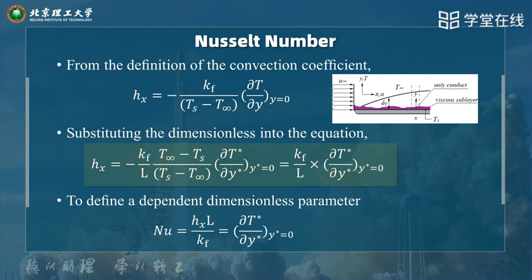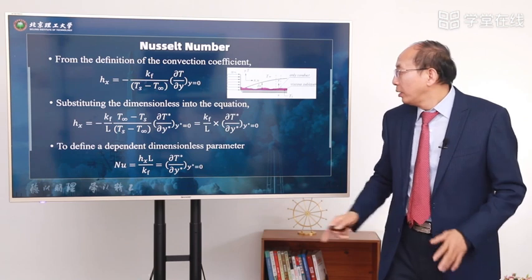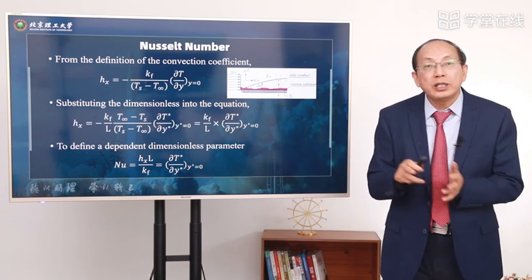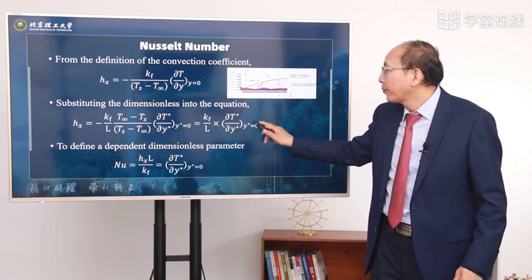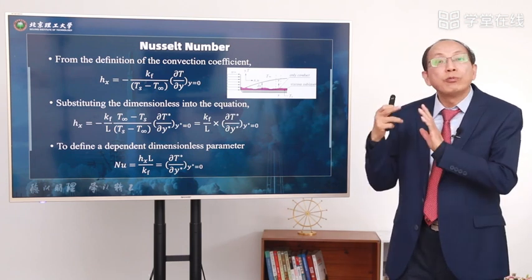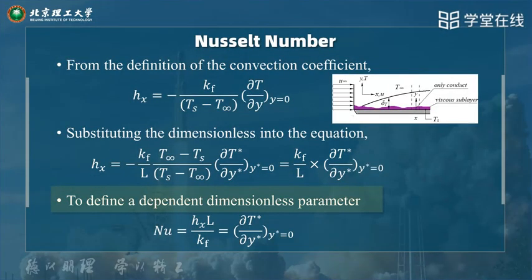Obtain this term. So kf is the conductivity of the working fluid, and L is the characteristic length. Here, partial T star over partial y star is the dimensionless differential. So we can give some definition for the Nusselt number. The Nusselt number is hx L over kf. It is a dimensionless parameter.